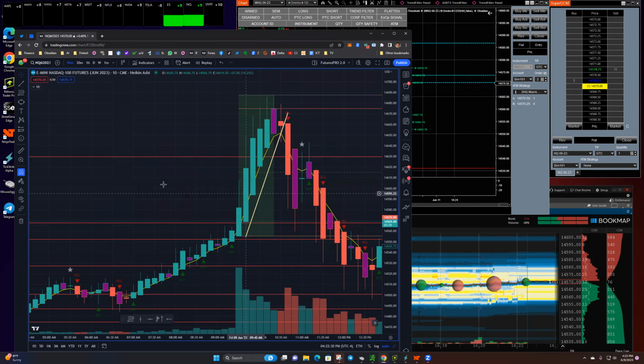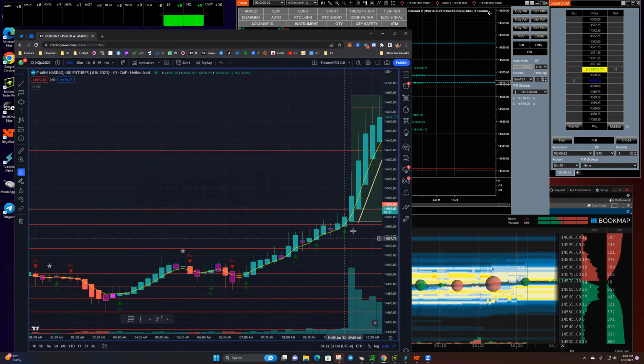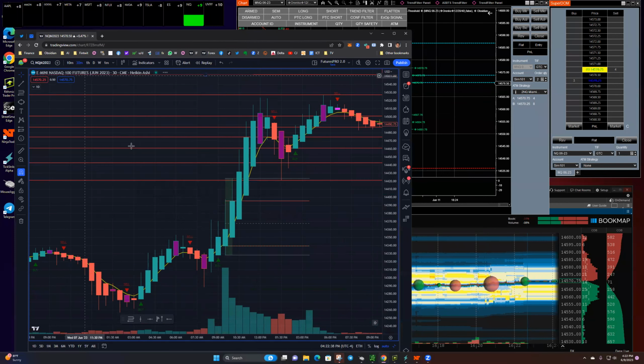I'm looking for, for example, a buy signal that pops up over here. And once you see the buy signal, I go to the 30-minute, and I want to see a confirmation buy signal. So until I see this, I don't change the buttons up here.